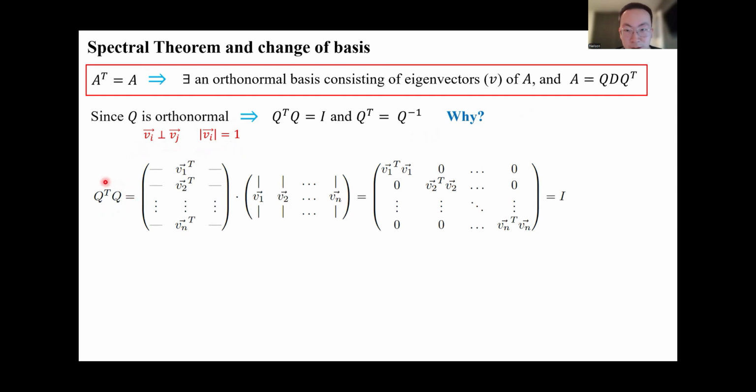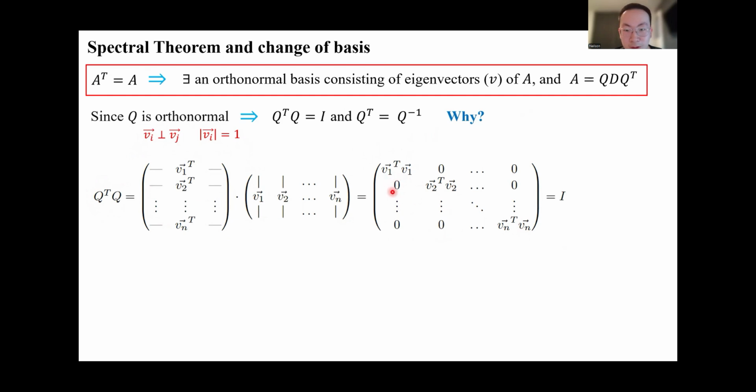If we calculate Q transpose Q, we expand the matrix notation, then on the diagonals, we have Vi transpose times Vi, which is just the definition of the norm. So we have 1 on the diagonals. And off the diagonals, they are all 0. Why? Because these vectors are orthogonal.